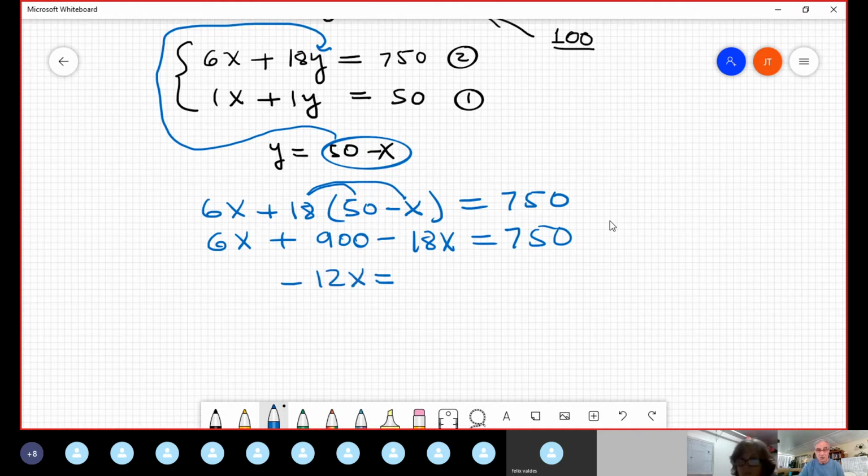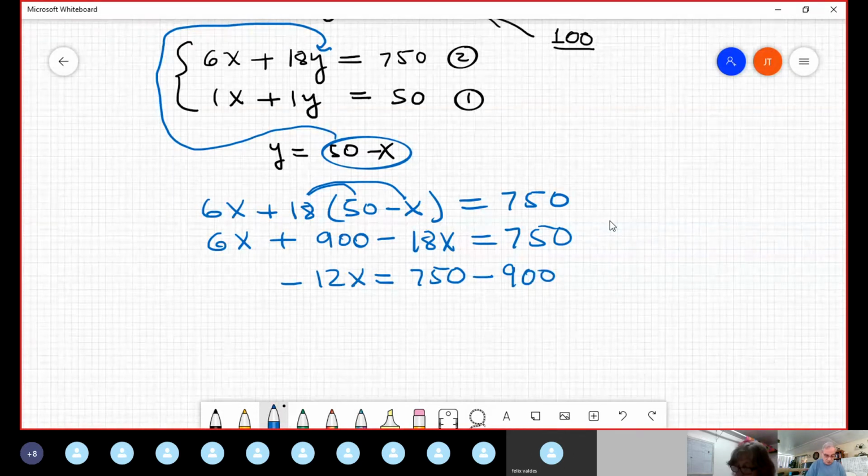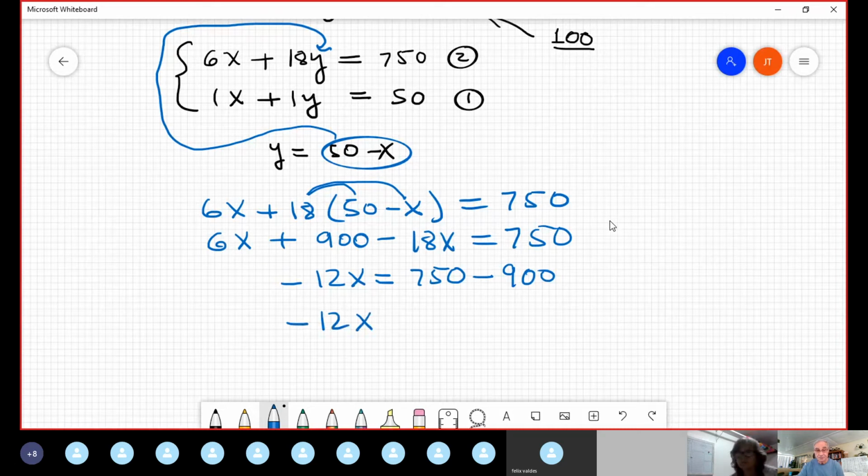I move 900 to the other side, minus 900, and use subtraction. 750 minus 900 is negative 150. Finally, I divide by negative 12 both sides.